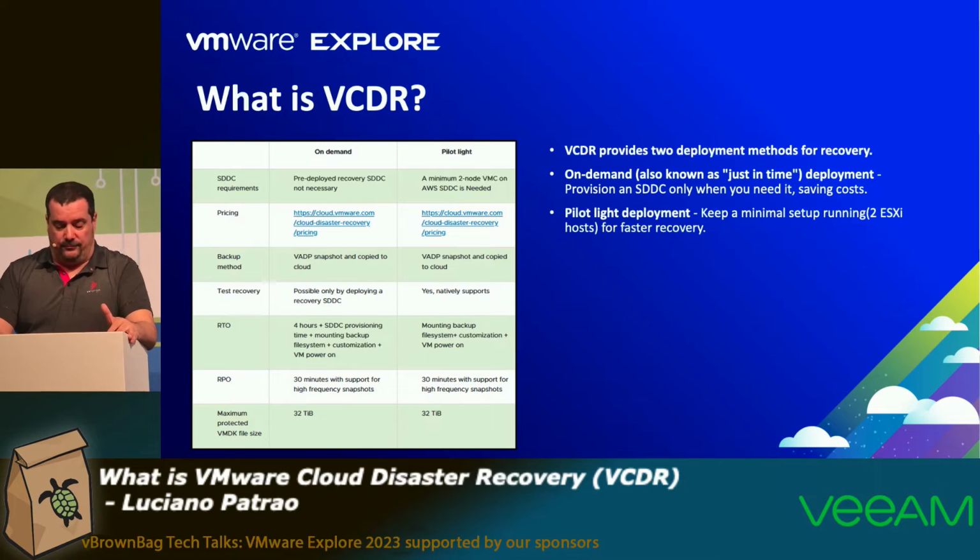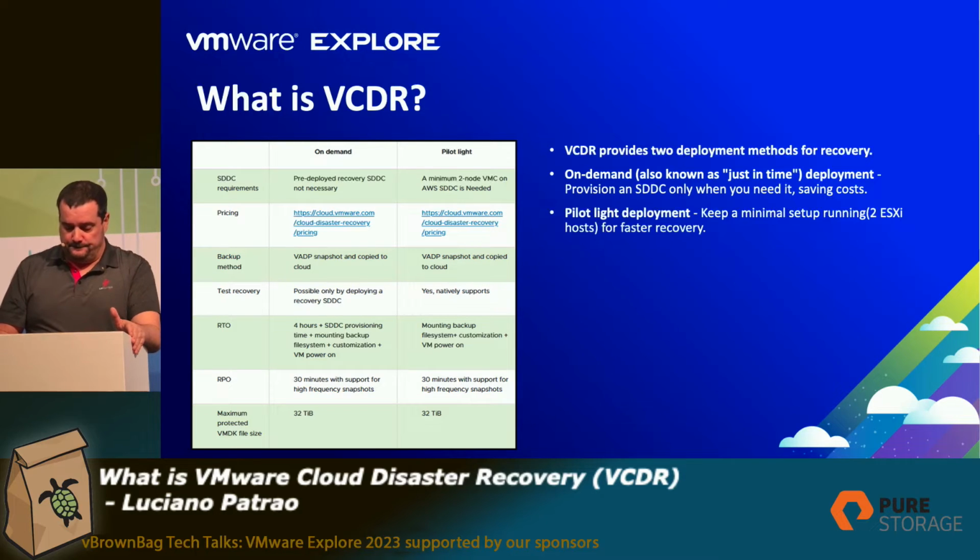So we have 3 minutes for RPO in both cases, but the time that it takes to deploy the environment for your DR site to be up and running is the big difference between one option and the second option. And also the cost, because if you have a VMC on AWS running all the time, of course this will have costs on your DR site environment. In this case, you don't have this cost because it's on demand. You only deploy it when it's needed.